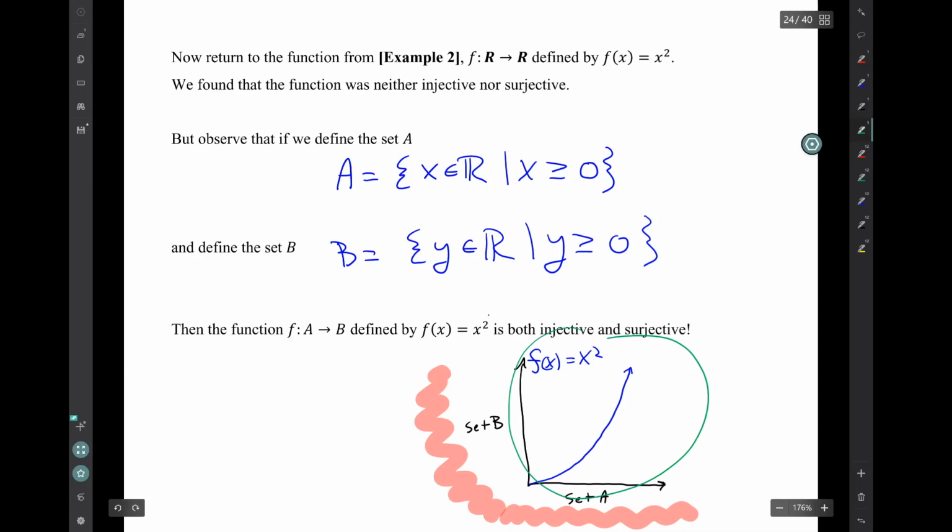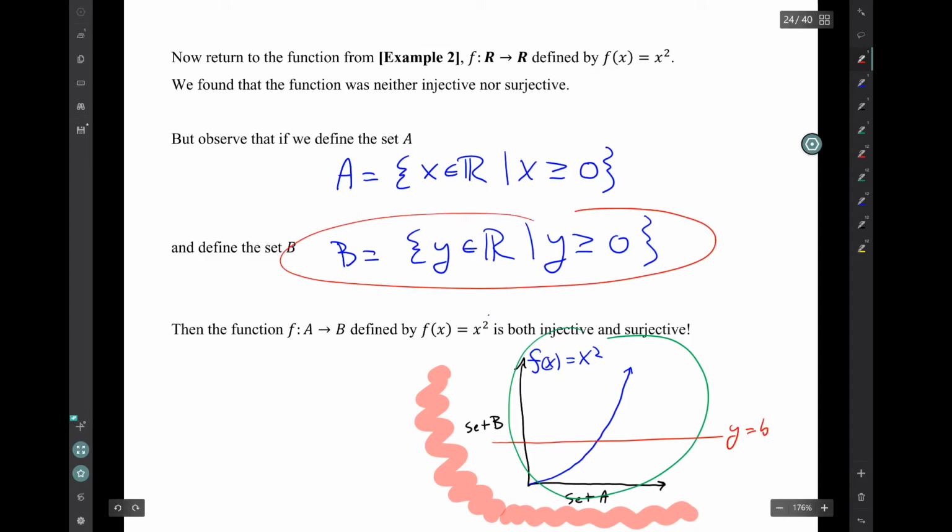And every horizontal line of the form y equals b, where b is in this set, touches that graph exactly once. So that function is surjective. And notice, none of those red horizontal lines touch that graph more than once. So that function is injective.